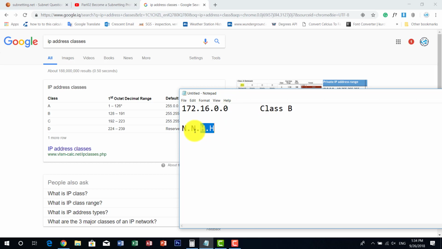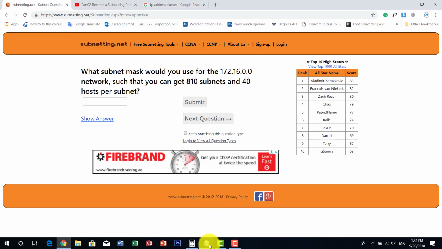The H represents the host's part, which can be distributed among the hosts. So you can straight away write 255.255, and the other 2 parts are unknown, and we have to find them. We can find them through the total number of subnets.